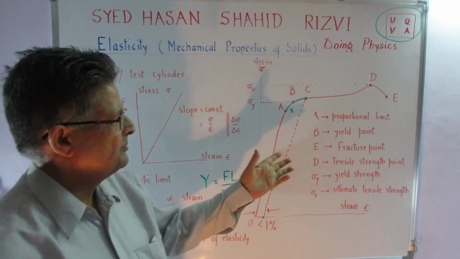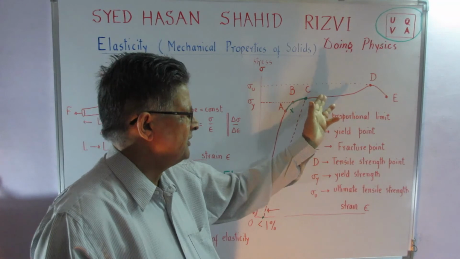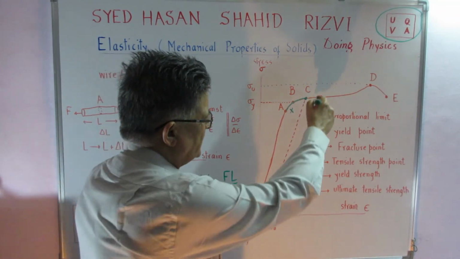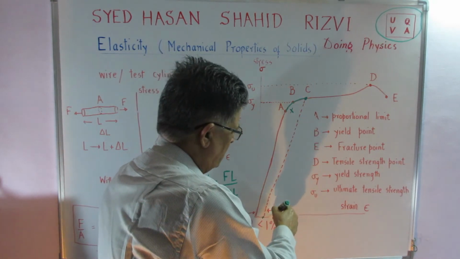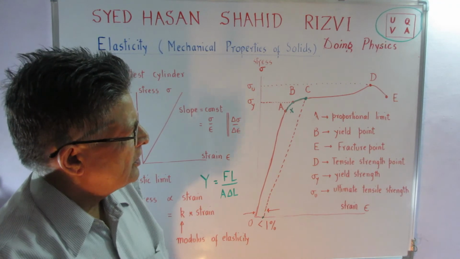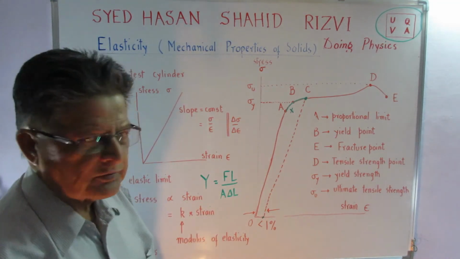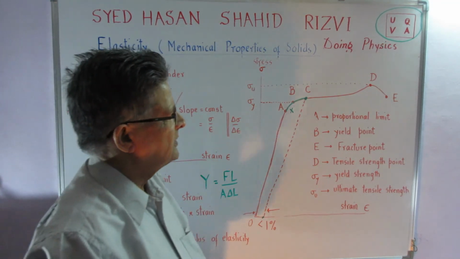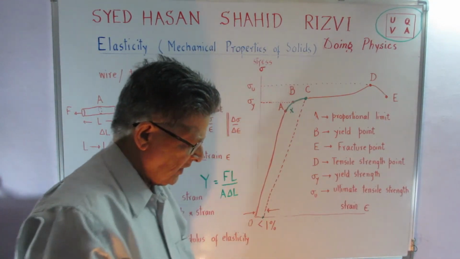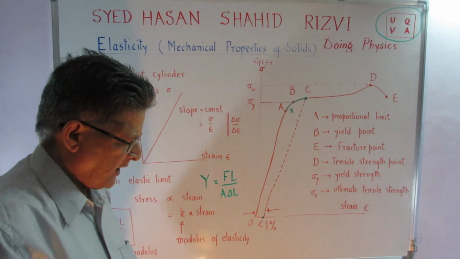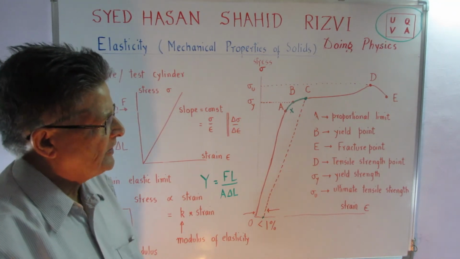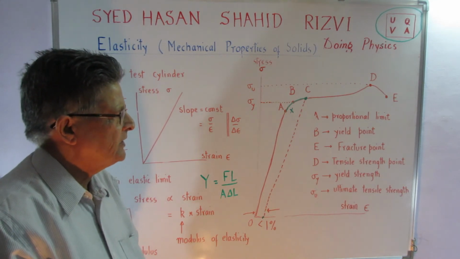Between this point and this point, I can have a return to a value close to the original value, but it is still distorted from the original value. This is how materials behave.